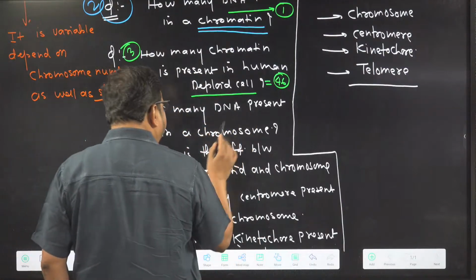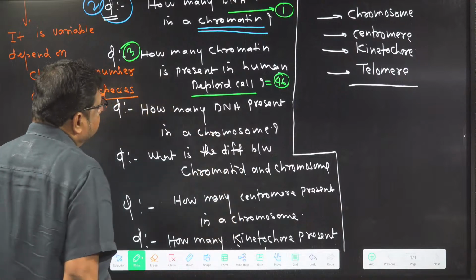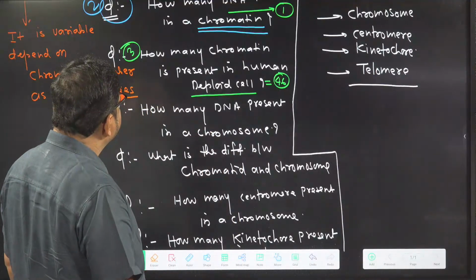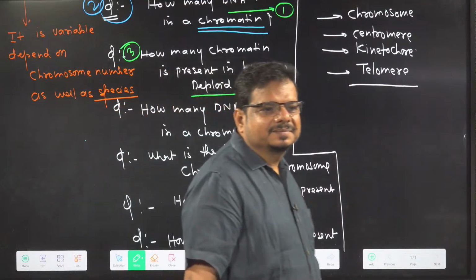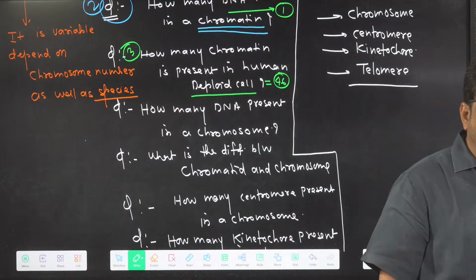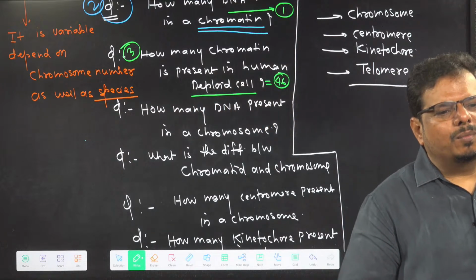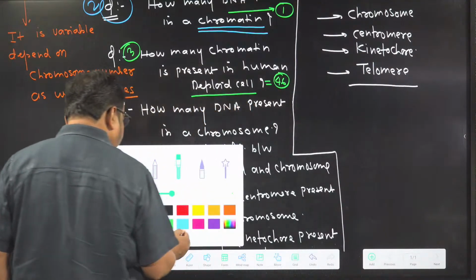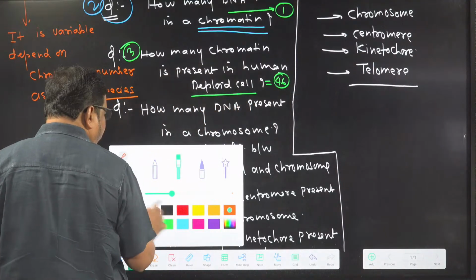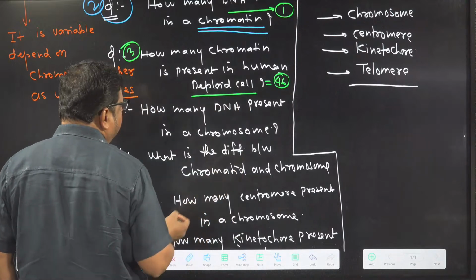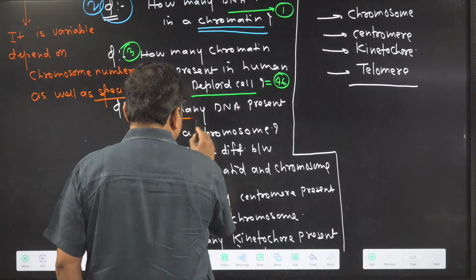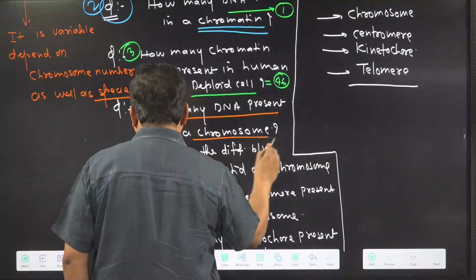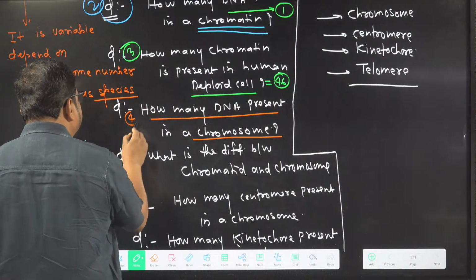How many DNA present in a chromosome? What answer will you give for this question? First, your input is important, then I will give my input. How many DNA present in a chromosome? Assume it is question number 4.